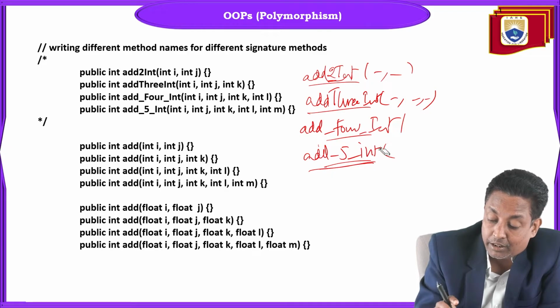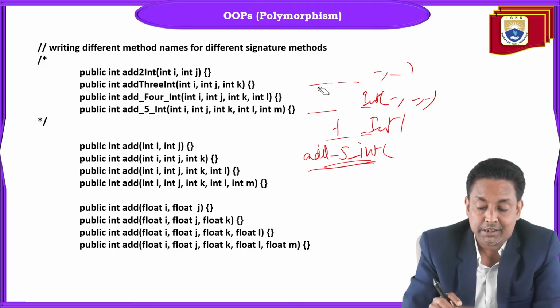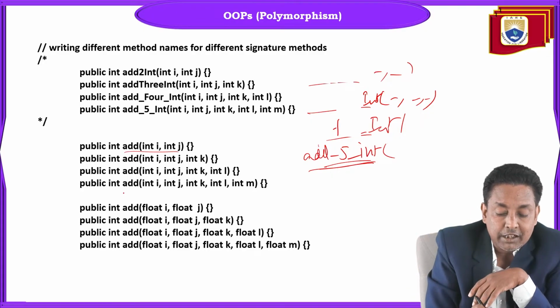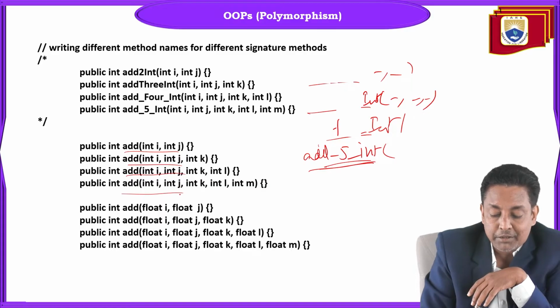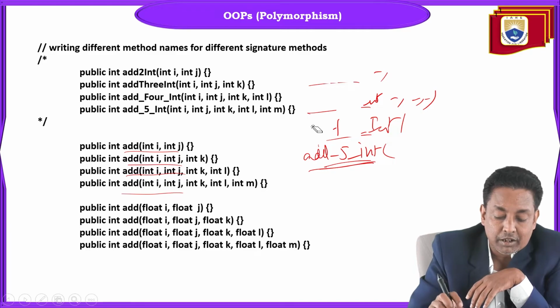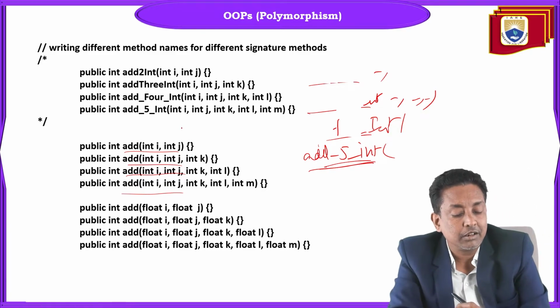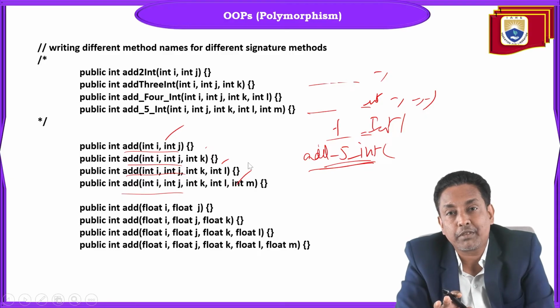Instead of writing different method names for different signatures, you can write the add method with two integers, the add method with 3 integers, with 4 integers, with 5 integers. So the same add method is repeated for 2 parameters, 3 parameters, 4 parameters, 5 parameters, and so on.